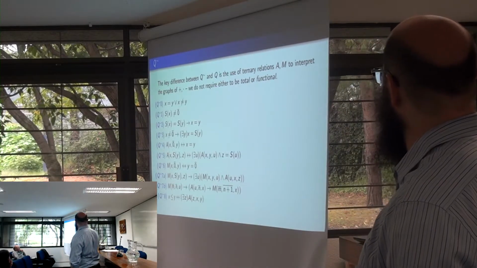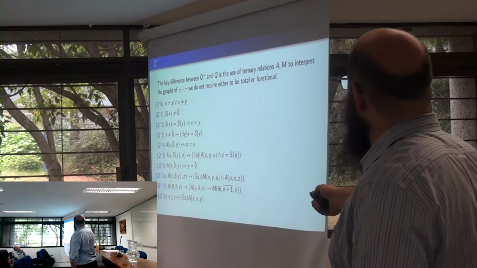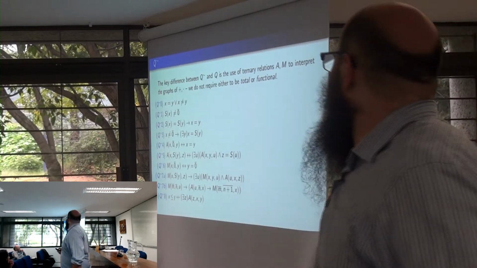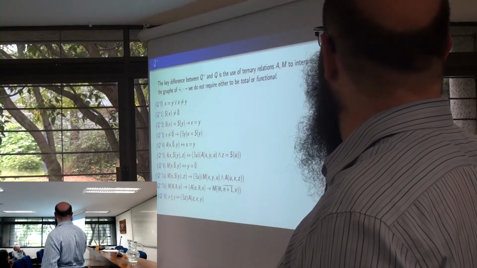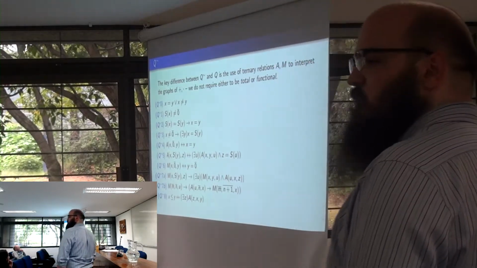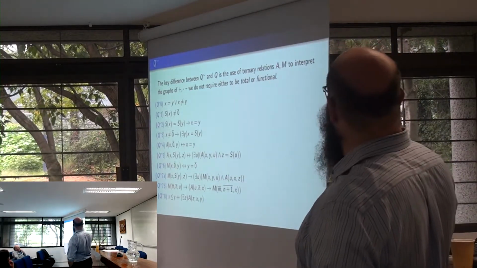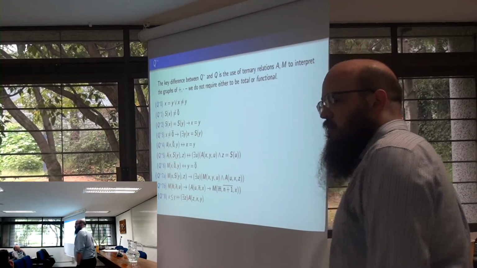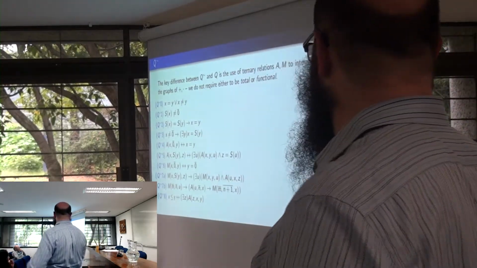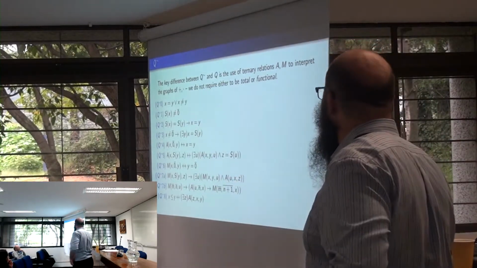Q, as presented earlier, the classical theory, differs from Q sim and also Q minus, Grzegorczyk's system, in that it uses these ternary relations A and M to interpret the graphs of the arithmetic operations rather than using the arithmetic operations explicitly. And furthermore, A and M are not required to be either total, nor are they required to be functional. So the resulting system is, in some sense, substantially weaker than the usual.